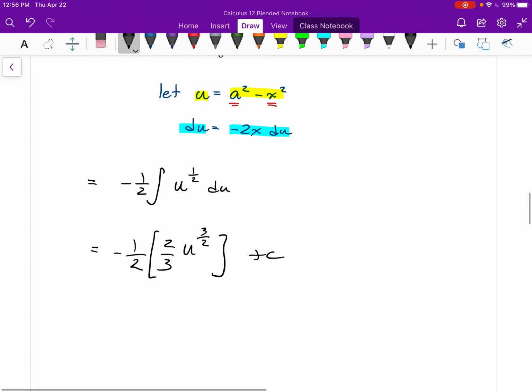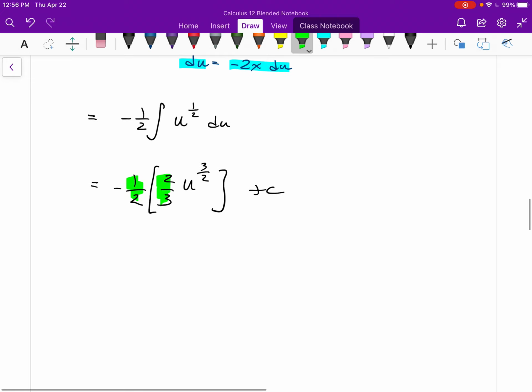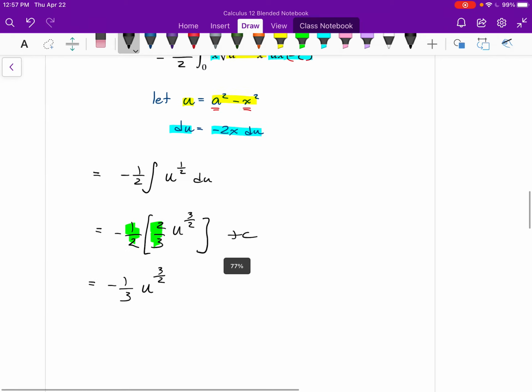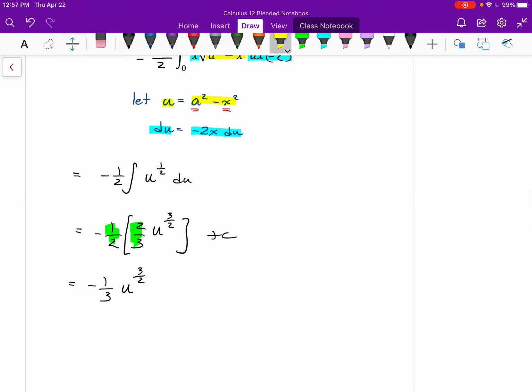But at this point, I also might as well take advantage of the fact that I have 1/2 times 2/3, which is just 1/3, or negative 1/3 in this case. So I'll write that constant in the front. Negative 1/3 times u to the 3/2. Or actually, in this case, let me just take that u right now and change it to a squared minus x squared.